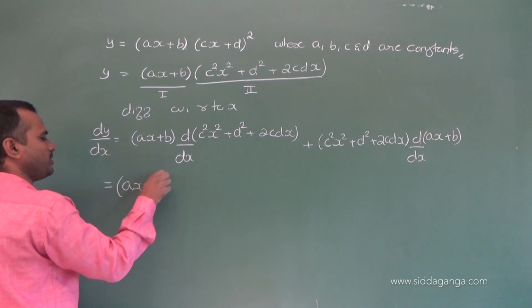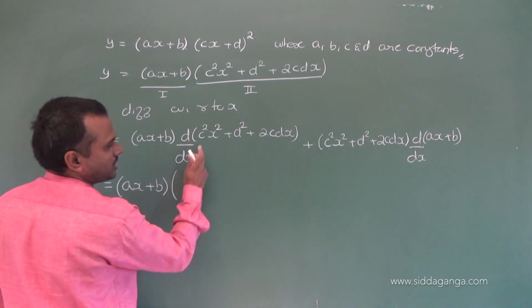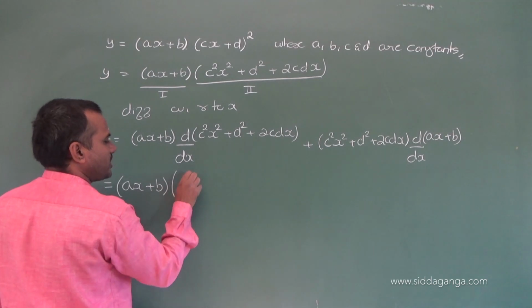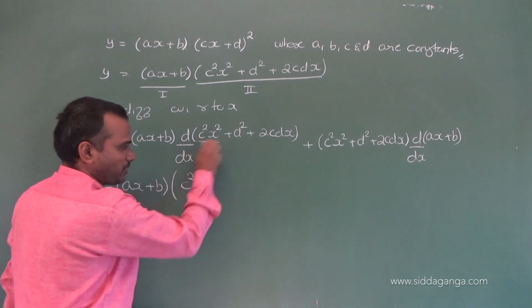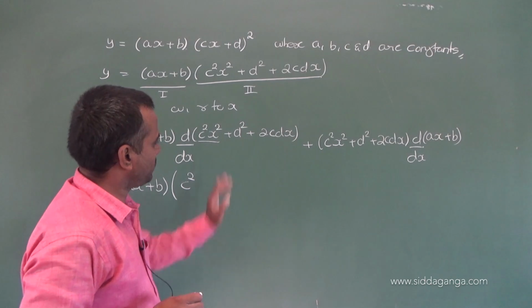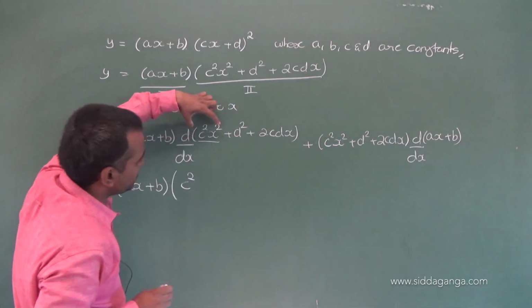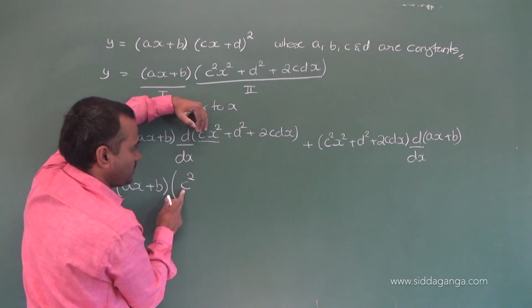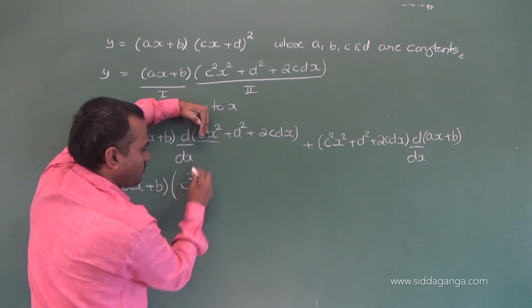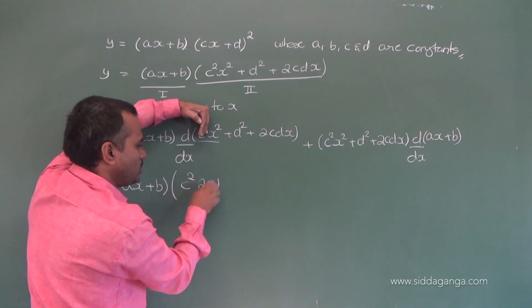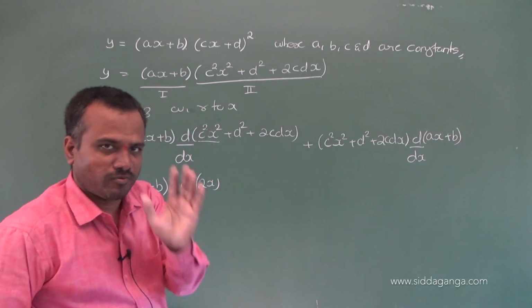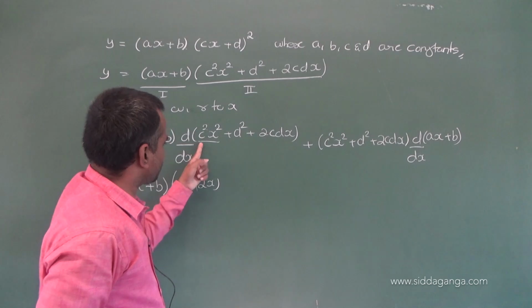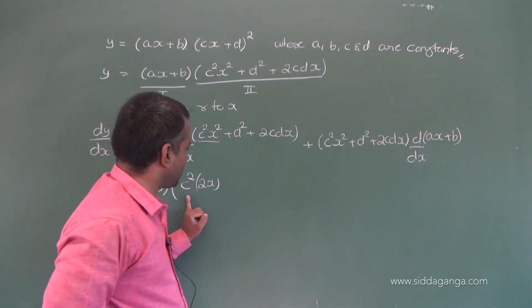Ax plus b into... c square is a constant. So for this term, we neglect all this other thing. Only we concentrate on this term, constant into function. C square is a constant, we write it as it is.